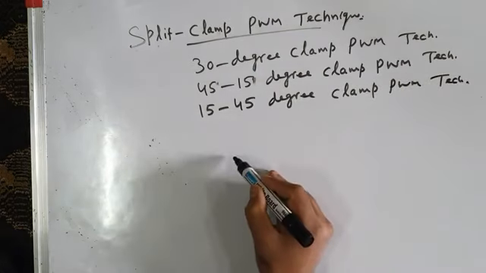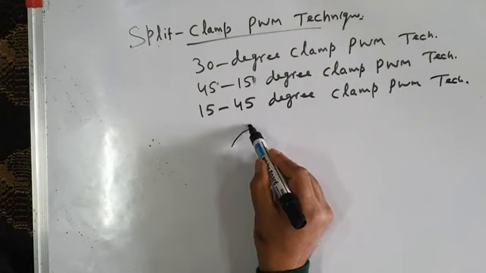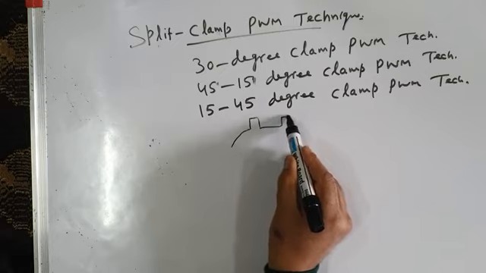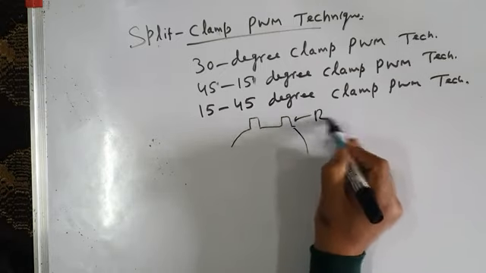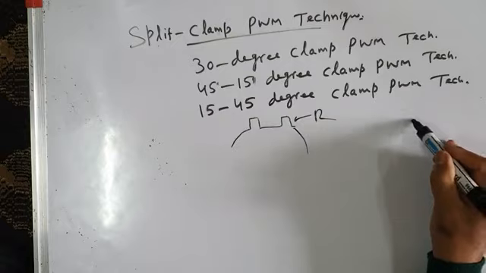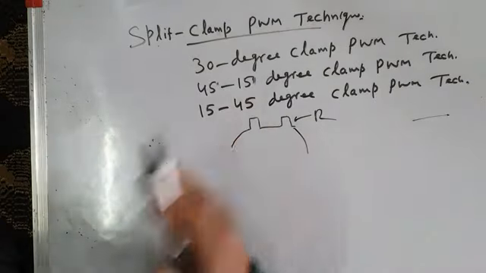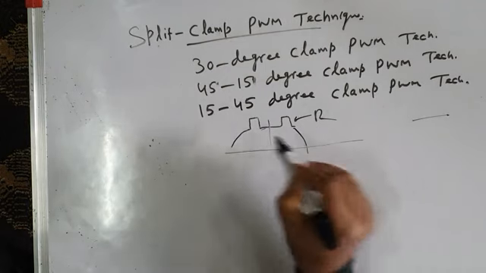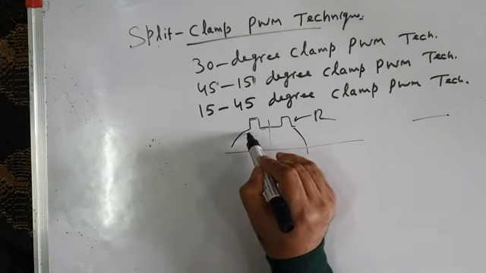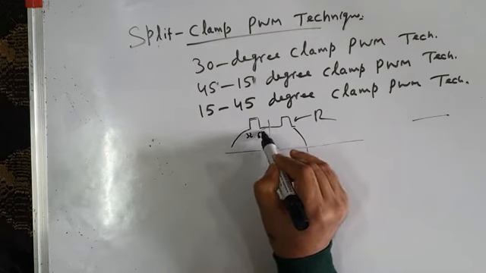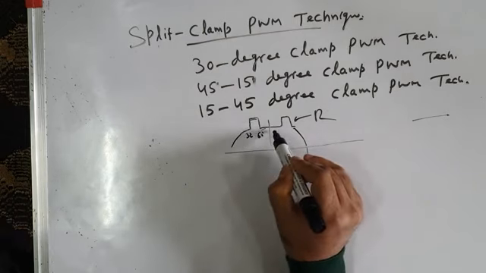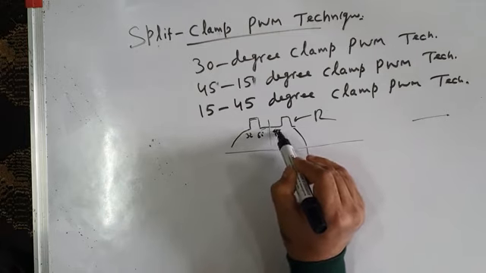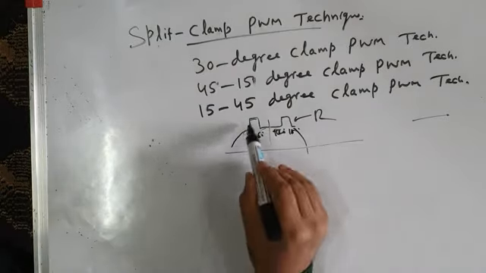For example, 30-degree clamp is something like this. In the first 30 degrees clamping is done, then in the next 30 degrees clamping is done, say for phase leg R. Instead of doing clamping for 60 degrees continuously, we split it into two intervals. In the first quarter of the half wave cycle, we do the clamping for 30 degrees, say from 30 degrees to 60 degrees. In the next quarter, we do the clamping from, say, 120 degrees to 150 degrees. So this is split clamp.